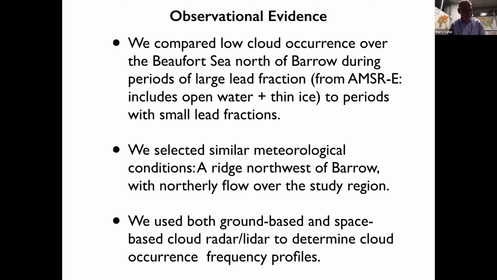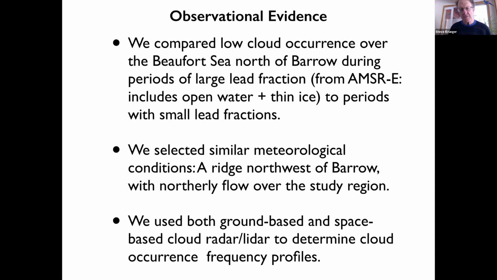Yes, that's right. We compared low cloud occurrence over the Beaufort Sea north of Barrow during periods of large lead fraction from AMSR-E, and their lead fraction includes open water and thin ice. It doesn't discriminate the two. We compared the large lead fraction times to periods with small lead fractions. We considered similar meteorological conditions, ridge northwest of Barrow with northerly flow over the study region.